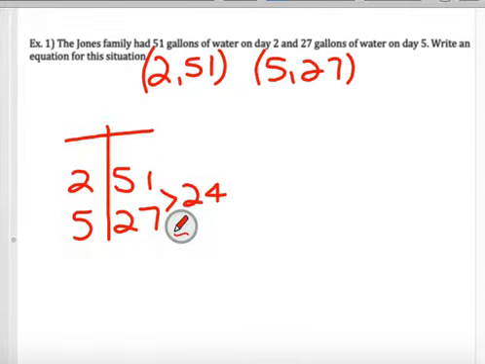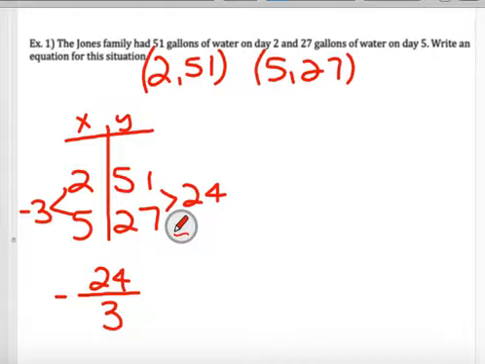And now my change is 2 to 5. So I subtract down on the y's and I subtract down on the x's. 2 minus 5 is negative 3. And so now change in y divided by change in x.